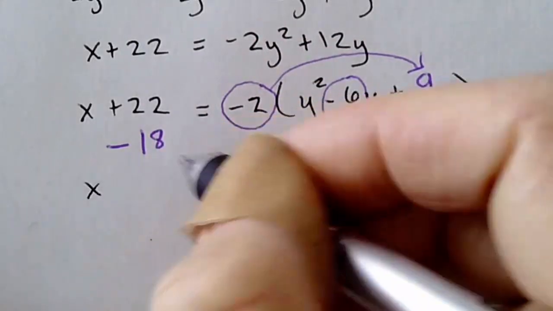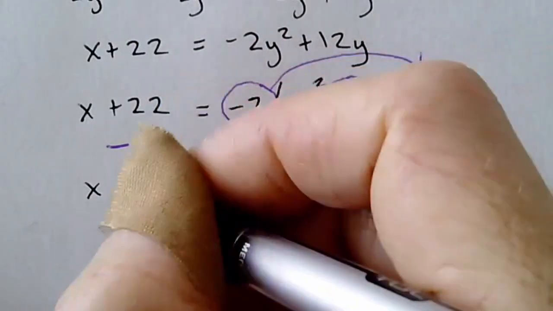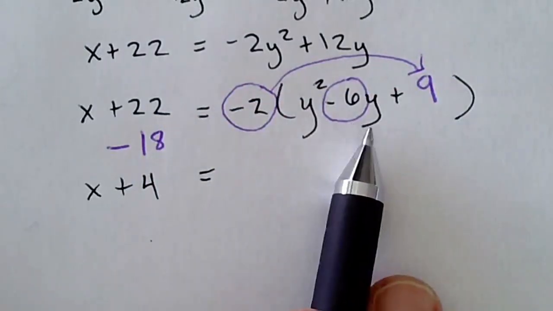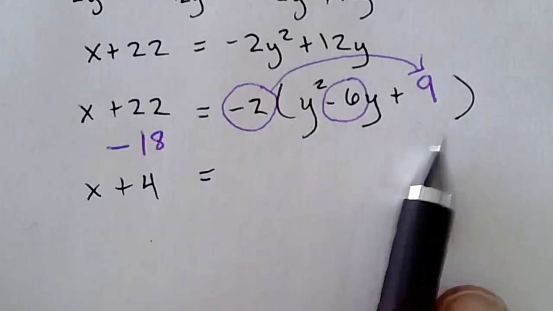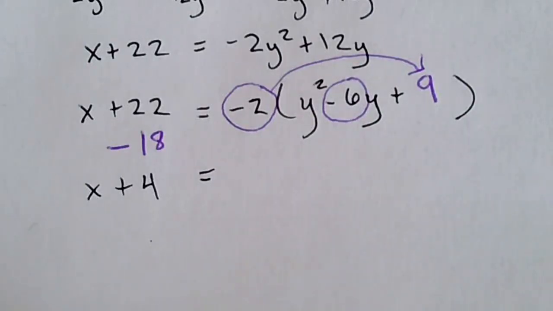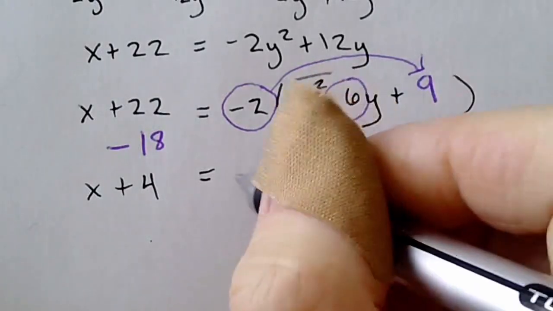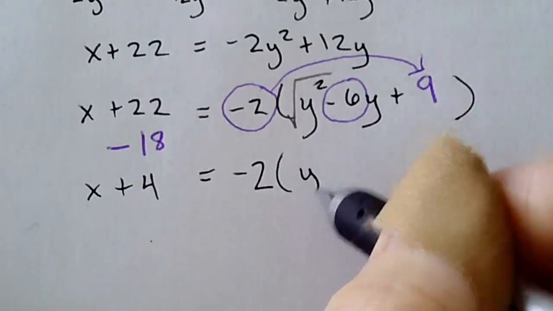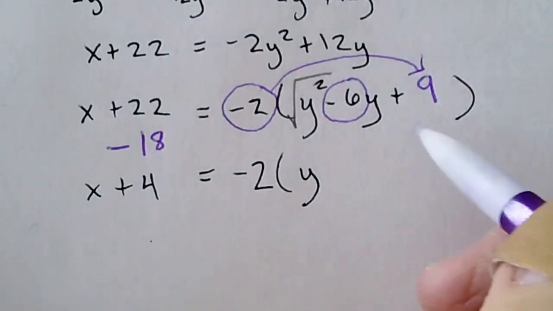So we've got x now plus 4 equals negative 2 times y squared minus 6y plus 9. Again, you have to factor that. What does that factor into? Square root the y squared. What is that? y. Keep the negative 2 out there. So that becomes y. Then you square root the 9.